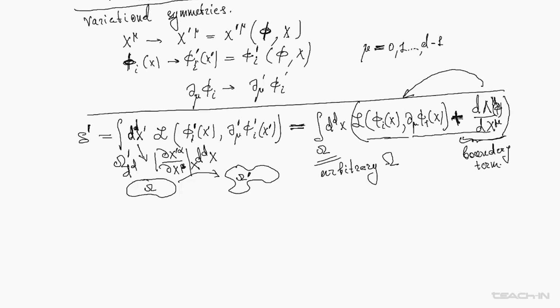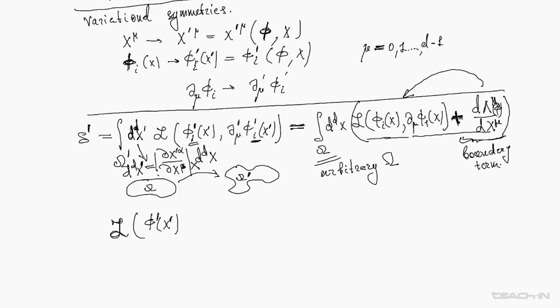And so then you will have two integrals over the same volume omega. And since omega is arbitrary, you can change it arbitrarily. The left-hand side should be equal to the right-hand side, and this is only possible if the integrands are equal to each other. The condition of the equality of the integrands is then written in the following way. The Lagrangian density L depending on phi prime on x prime. Let me not write this index I; it might even be a tensor index or an index numerating fields, that means there can be many fields, it does not matter.